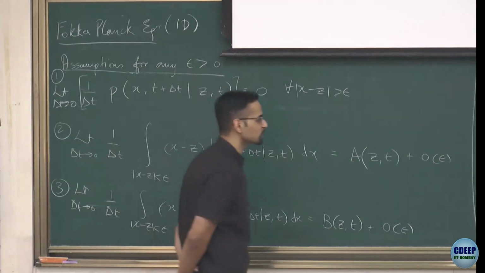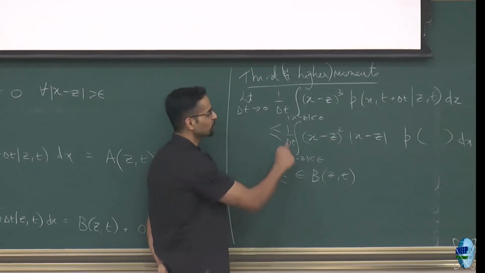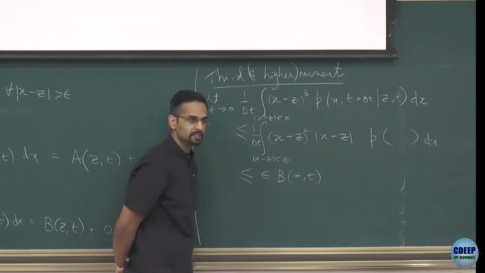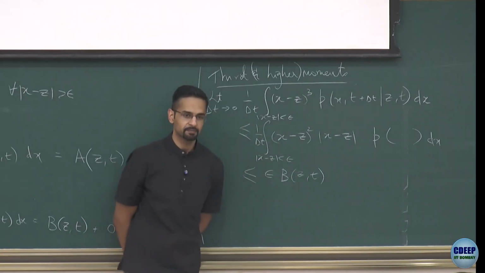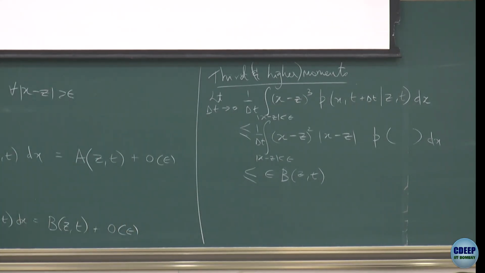So this idea only works for higher derivatives, because this I can keep as is without doing anything. I only put the mod on this part, because the other thing is positive. If I had x minus z and put mod on x minus z, that doesn't make sense. That thing will not be less than taking x minus z square, because that is positive.